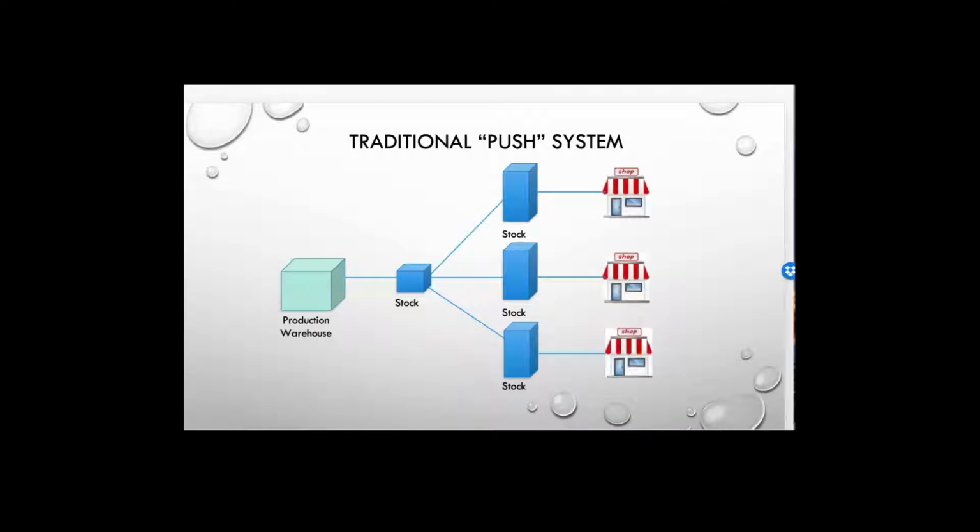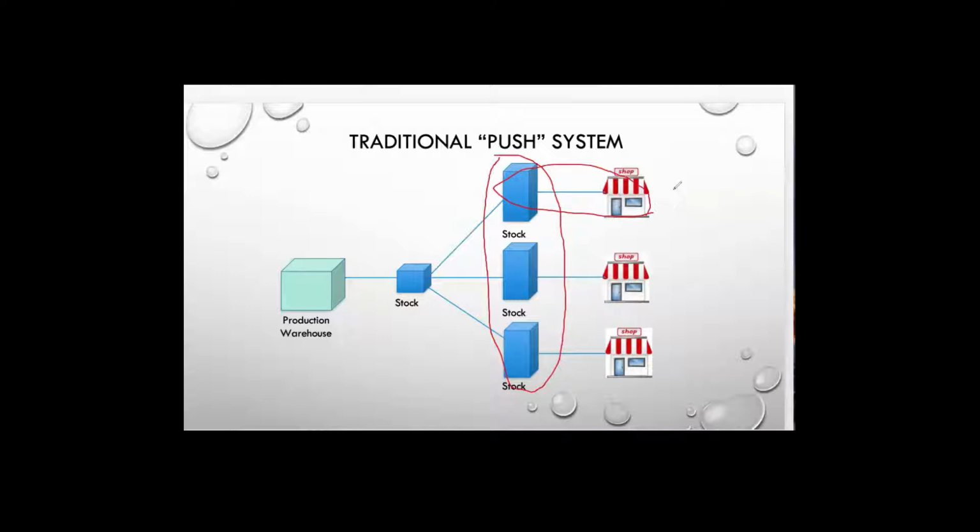So now, in a push system, you will see that this is a graphic of a traditional production warehouse where our large stocks are located near the stores. We try to push our stock as far up the supply chain as possible so that we reduce the lead time between the shop and the stocks.